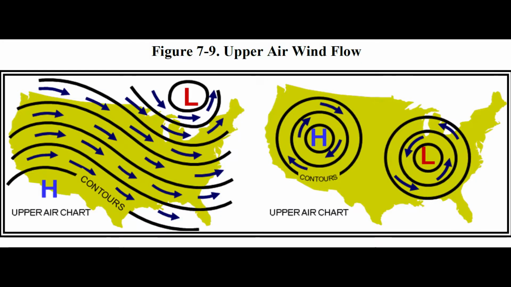But as we talked about back in 7-9, the air that's getting picked up from the Gulf of Mexico would obviously be a maritime tropical air mass. It's warm and wet, and that's getting pulled up into the Midwest.